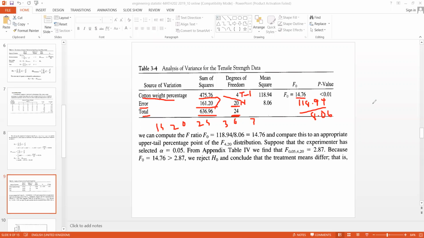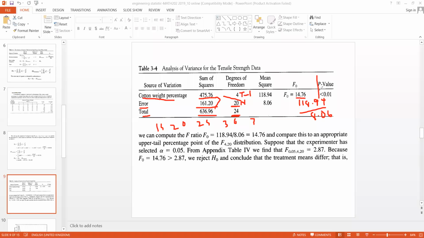Chidi, I hope you are doing the calculation. Chidi, are you there? Okay, Chidi is not with us. So that should give us 14.76.